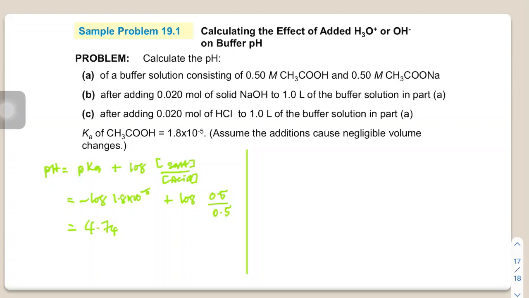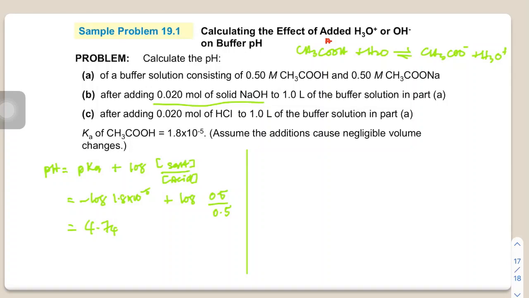As for B, calculate the pH after the addition of 0.02 mole of solid sodium hydroxide to 1 liter of the buffer solution. So base is being added, so we have to decide in the system what is our acid and what is the base. So we have CH3COOH plus H2O dissociating into CH3COO minus plus H3O plus. Acetic acid, of course, is an acid.